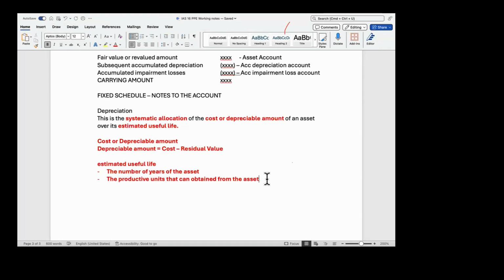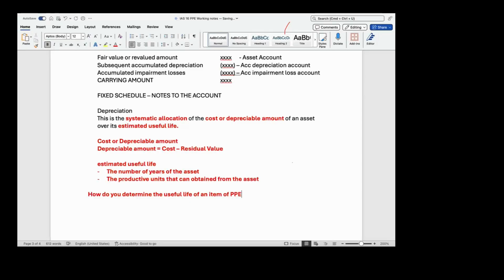I've seen an ICAN question before. They asked you that, how do you determine the estimated useful life of an item of PPE?